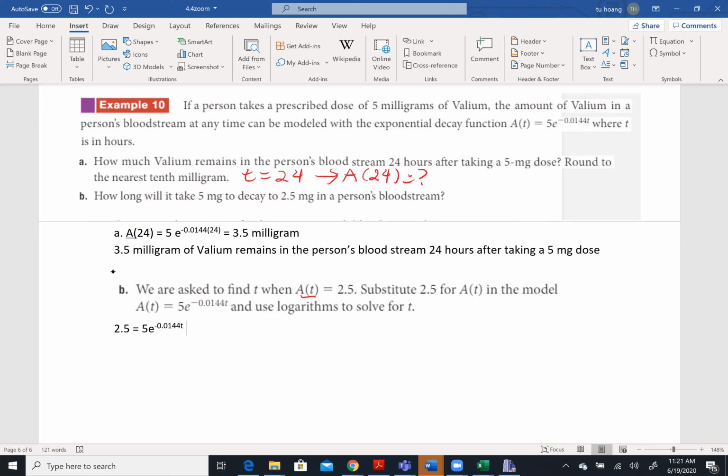In order to solve for t, you need to separate the exponential form alone, which means you divide both sides by 5.